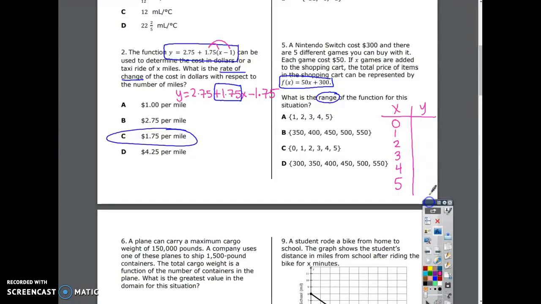So it's asking me for the range, which is the cost of having 0 games, 1 game, 2 games, 3 games, 4 games, 5 games. So you're going to put this equation in Desmos, and you're going to type these numbers in your table and find the answer for the range.